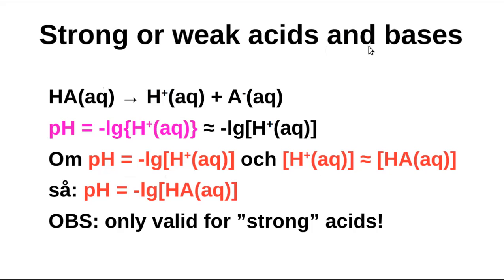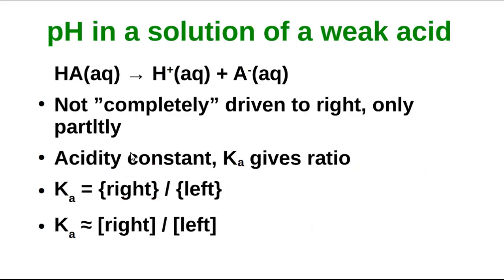I hesitate to say that. I think one should say it's perhaps not completely driven to the right, but only partly. In general, for all acids, there is a tendency for the reunion of the hydrogen ion and the conjugate base.